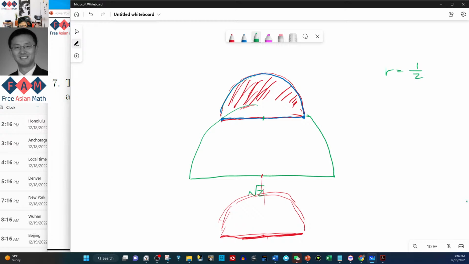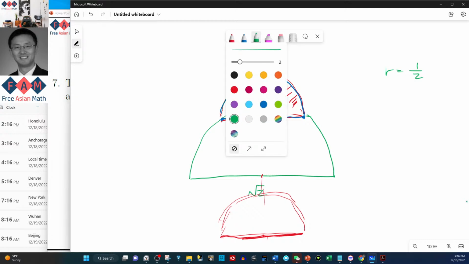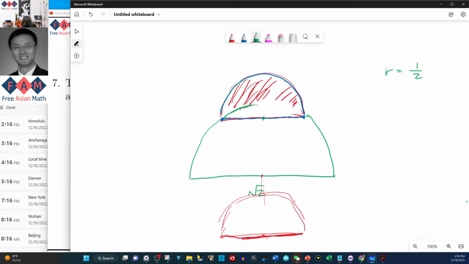We know this part. Then on top of this, we added the second arc, which is this one, that cut off a portion from the semicircle. So the targeted shaded area is clearly just the area of the smaller semicircle subtracting this area. Okay, so our problem got a little bit simplified.